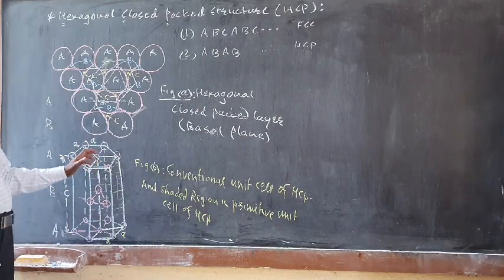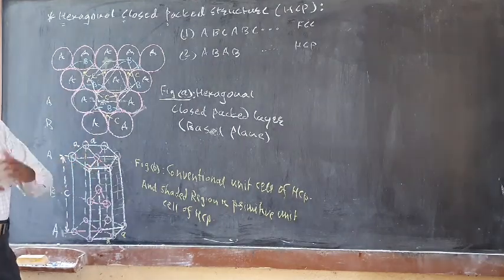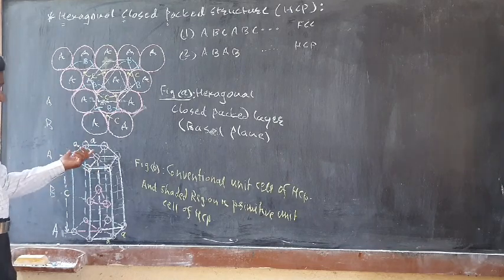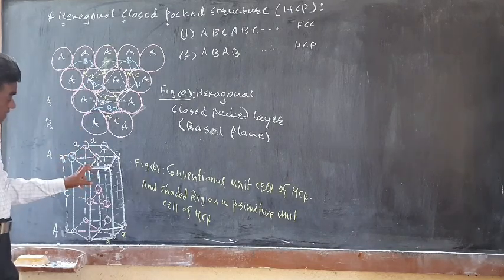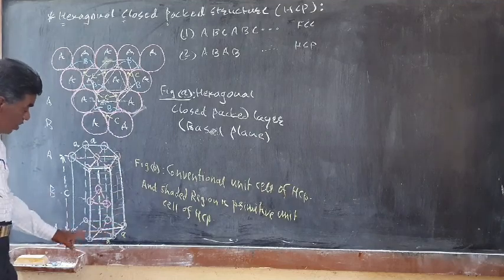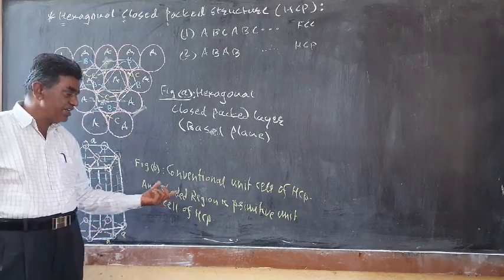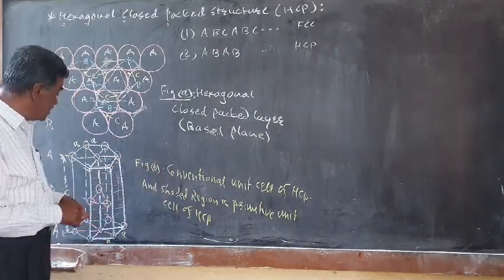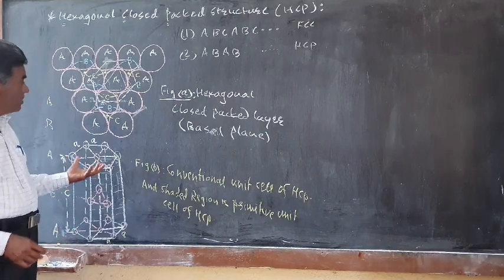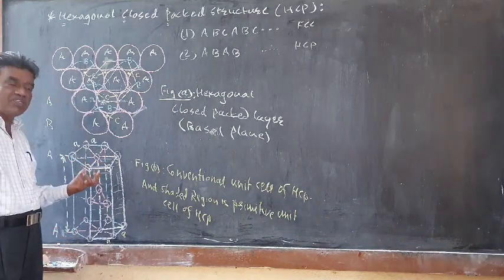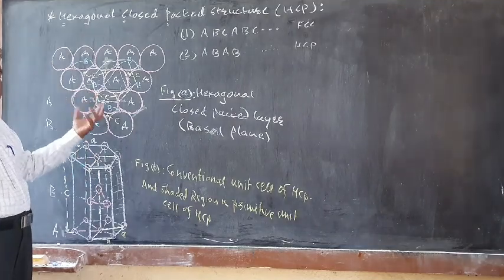So the conventional unit cell consists of three unit cells, and this small shaded region is known as the primitive unit cell. So this is regarding the primitive unit cell and the conventional unit cell of the SCP structure.